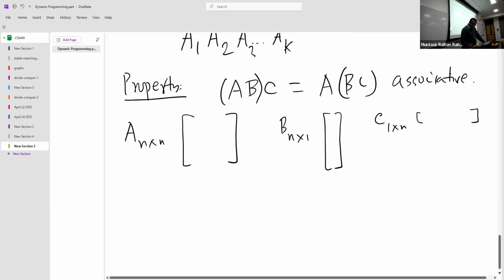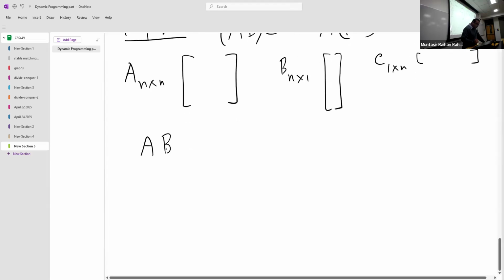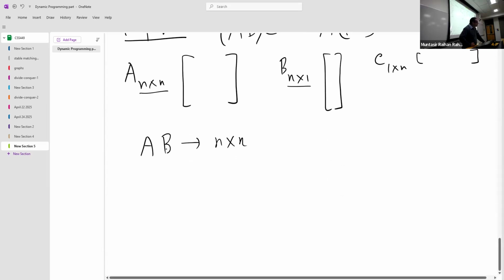If I first do AB, then the cost is n times n times 1, which is going to be n squared, and the dimension of this is going to be n times 1.